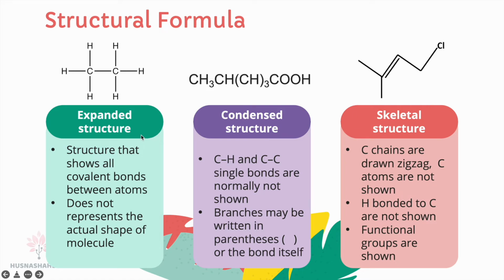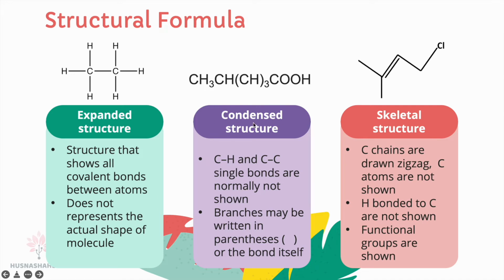Okay, remember, in expanded structure, all covalent bonds and all atoms are shown. In condensed structure, all atoms are shown, but the bond between C and hydrogen and the bond between C and C are not shown.